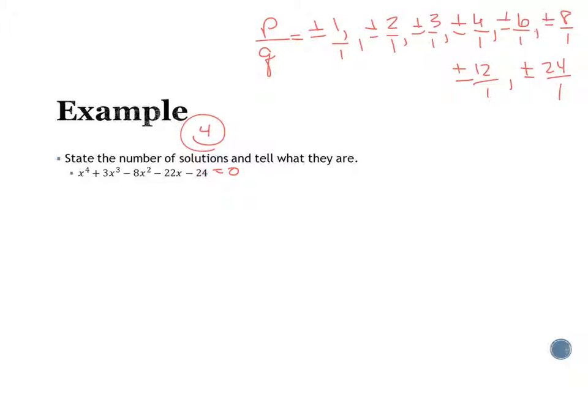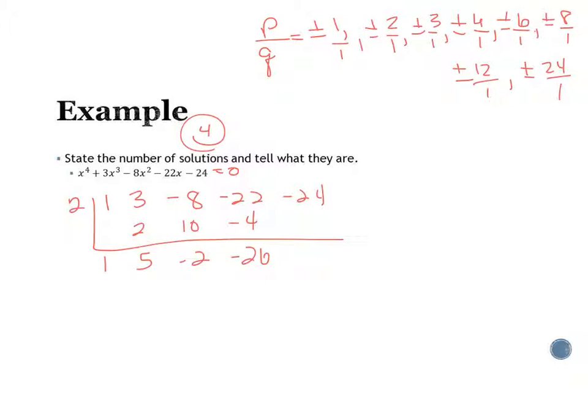So we're going to do our synthetic substitution to check, or synthetic division. So list out your coefficients. Alright, and then we got to pick a number to start with here. Well, let's try 2. So if I pick 2, drop, multiply, add, multiply, add, multiply, add, multiply.